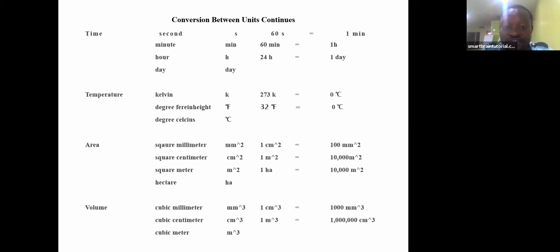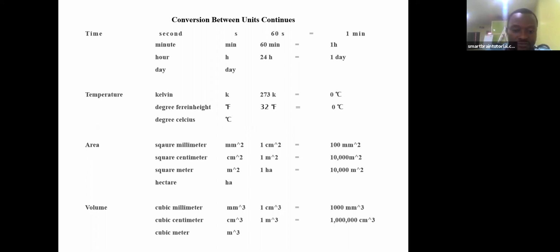Cubic meter is one of the commonest units for measuring volume. Now, 1 cubic millimeter is abbreviated as mm raised to the power 3. In conversion terms, 1 cubic centimeter is equal to 1,000 cubic millimeters.